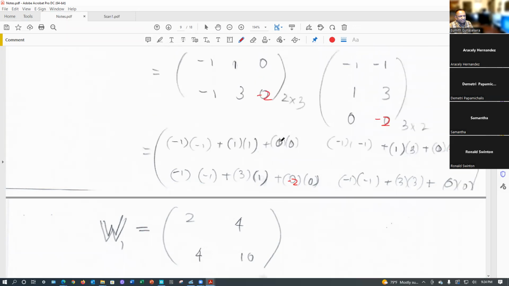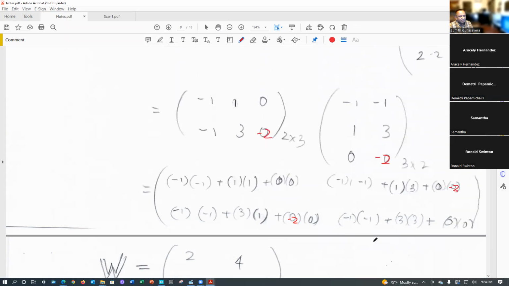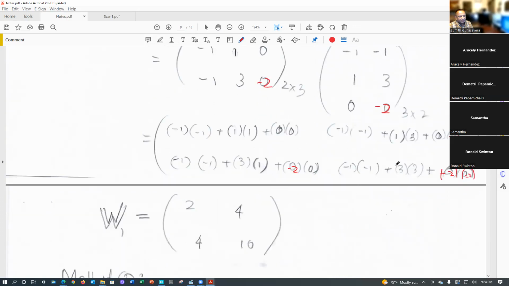Yeah, this one, right. Then negative 1 to negative 1, 3 to 3, negative 2 to negative 2. Then you get 1, 1, 2, and this one 3, 1, 4, 4, 9, 10, 14. It should be 14, 2 by 2.